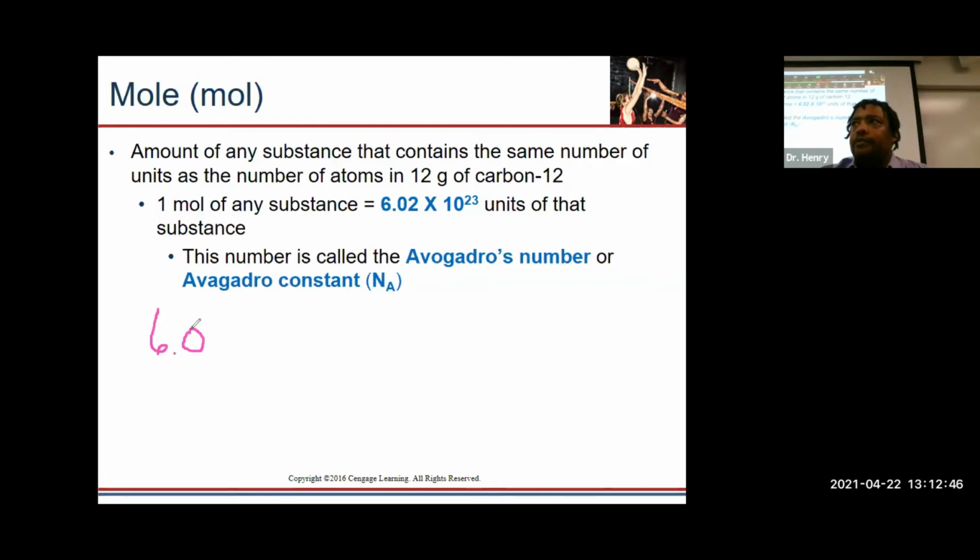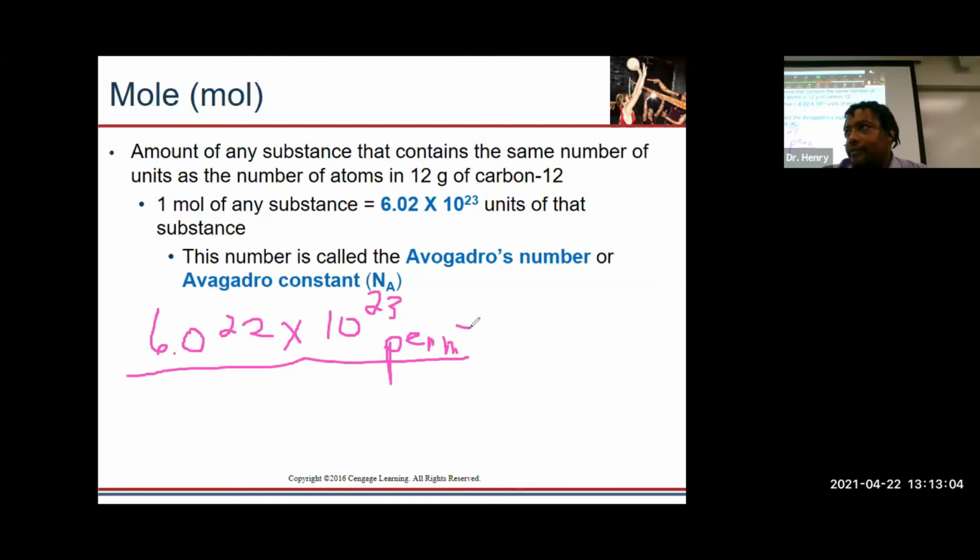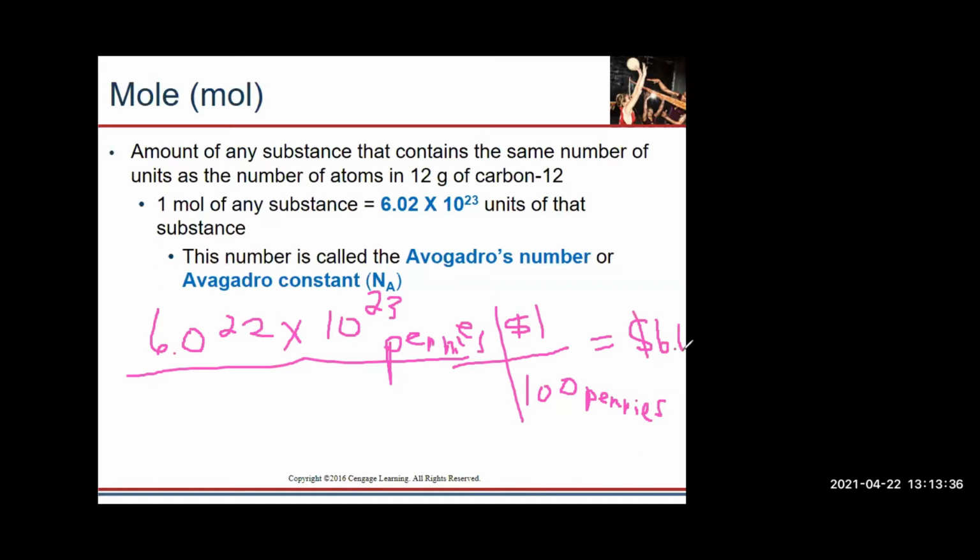So if I go 6.022 times 10 to the 23rd pennies, and you said 100 pennies equal a dollar, then how many dollars do I have? 6.022 times 10 to the 21.